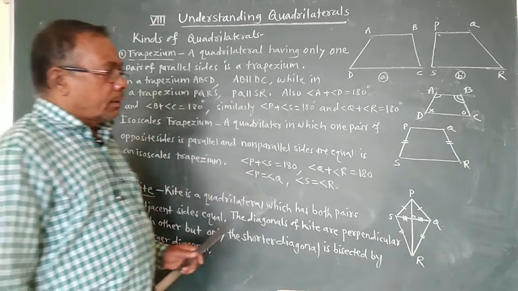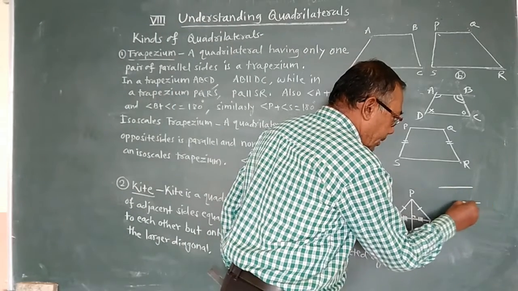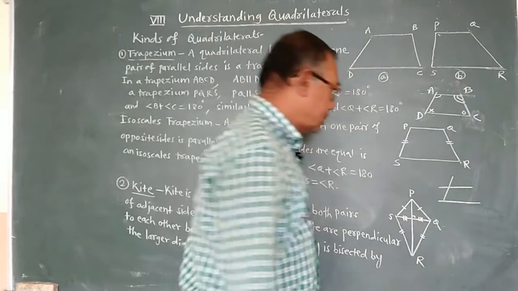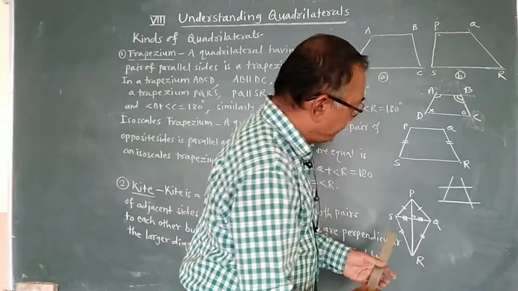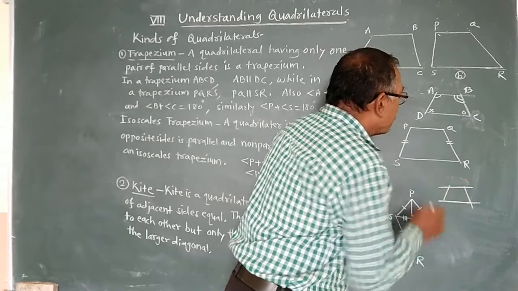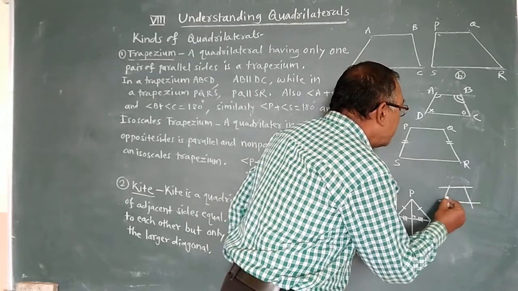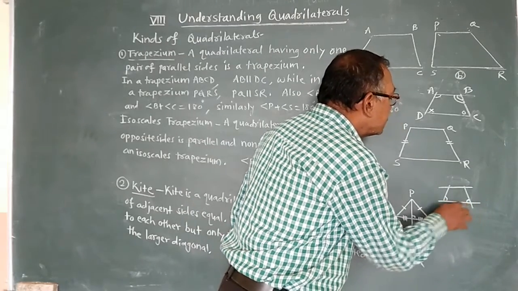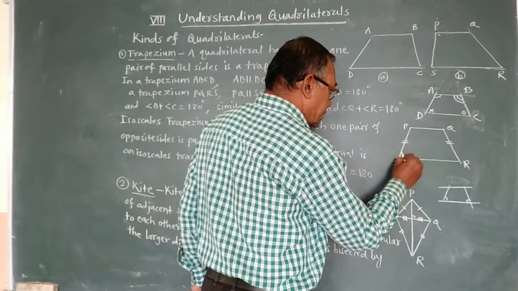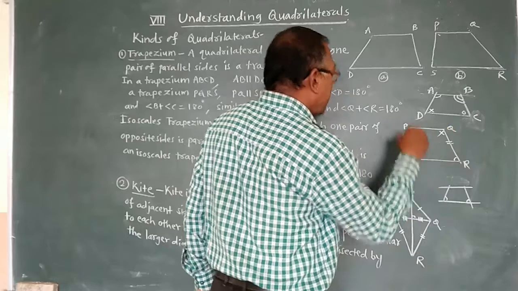Here the two lines are parallel, and if another transversal is drawn, and if these two non-parallel sides are equal, then we get equal angles to the parallel sides. Means here angle S and angle R are equal. Similarly, angle P and angle Q are equal.